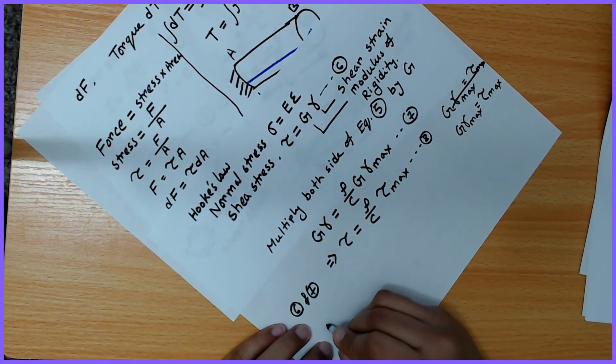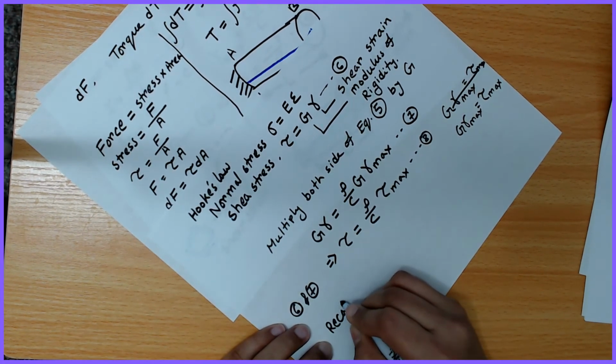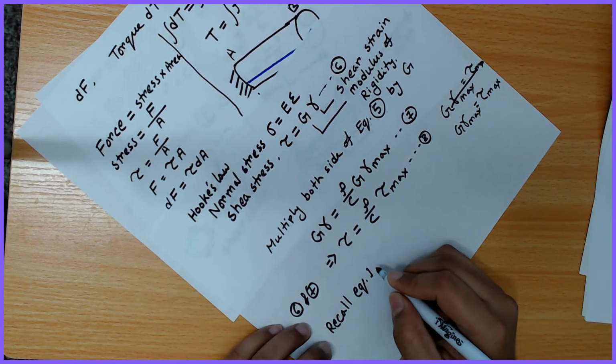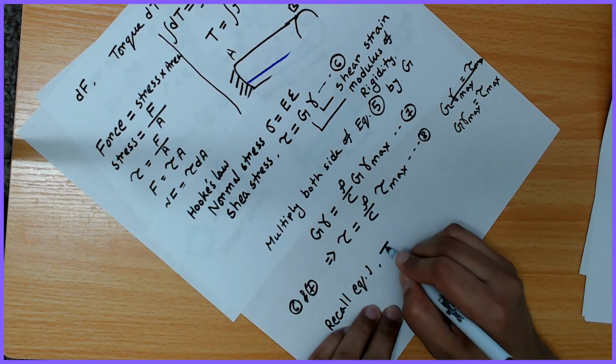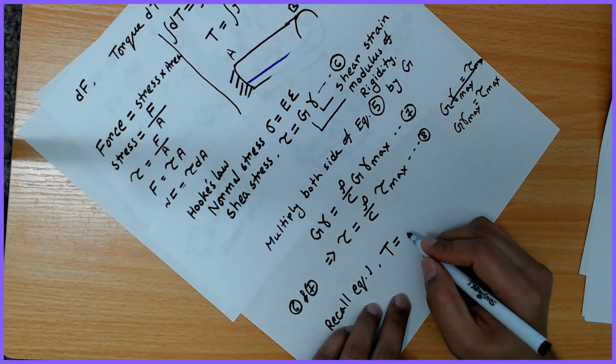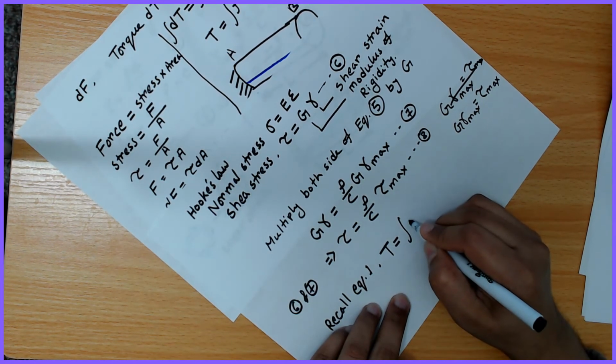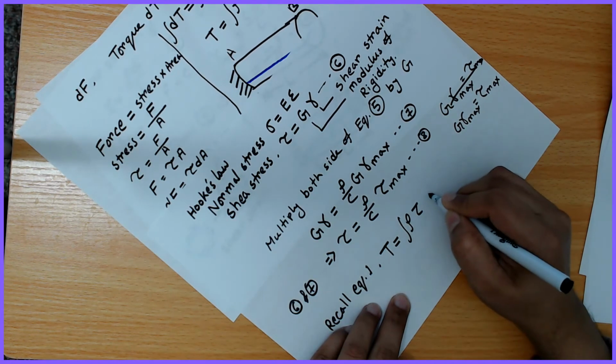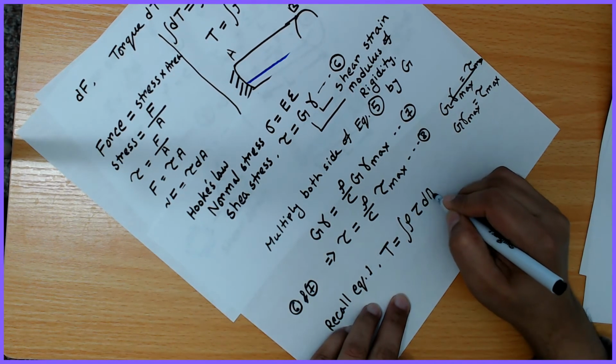So recall equation 1, which is T equal to integral of rho tau dA.